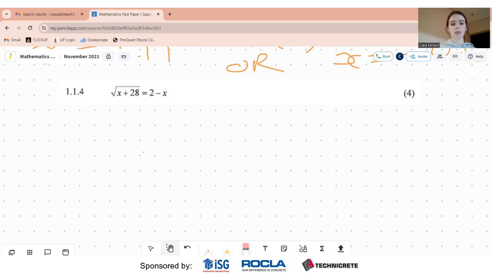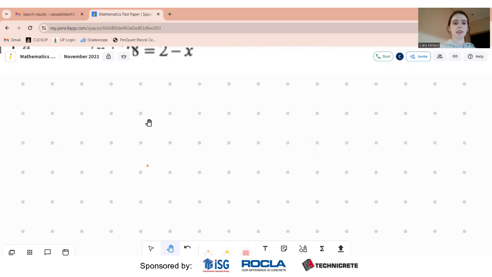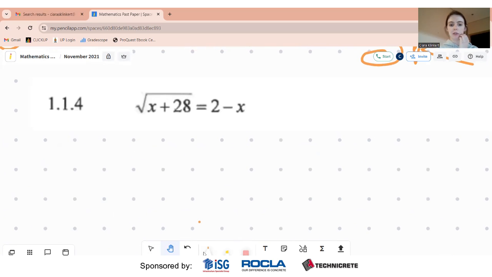Now in this equation, once again, I want to isolate x, but I have a bit of trouble because x is under the square root. So I need to get rid of the square root in order to isolate x. To get rid of the square root, I need to do the opposite of a square root, which is squaring.